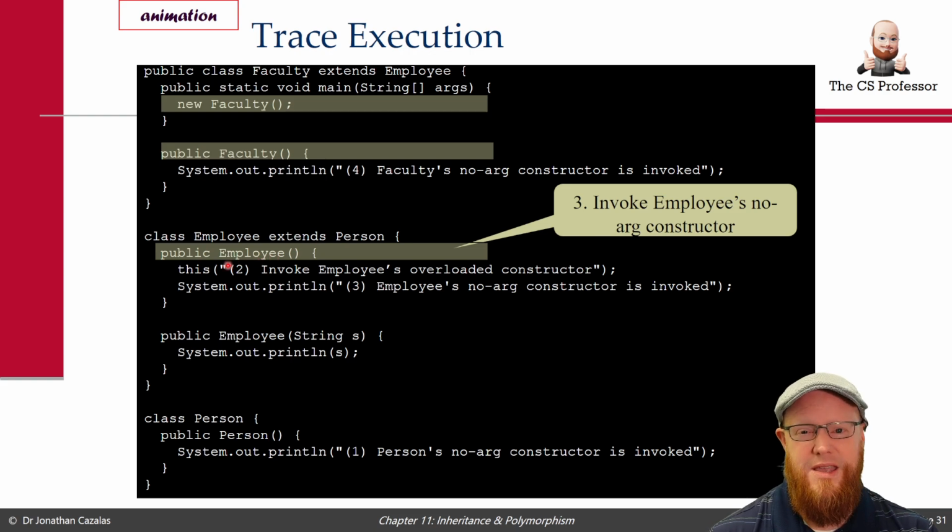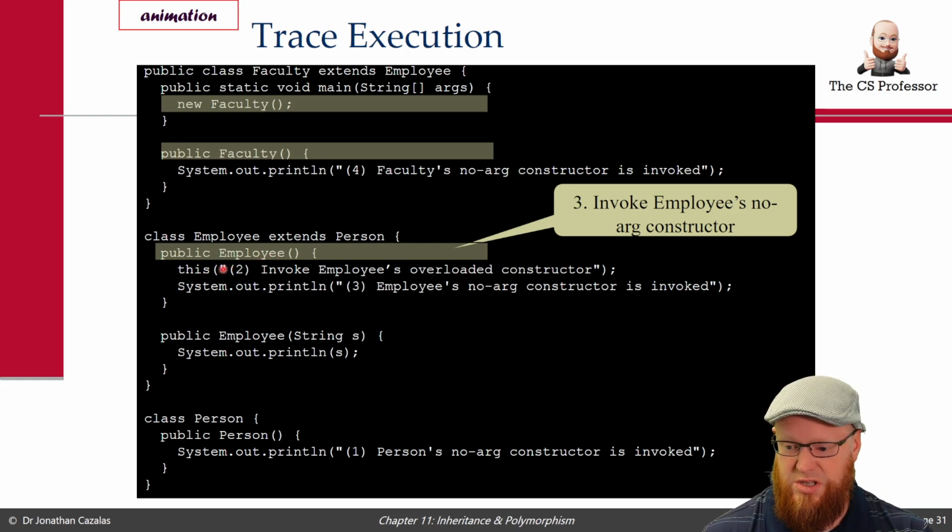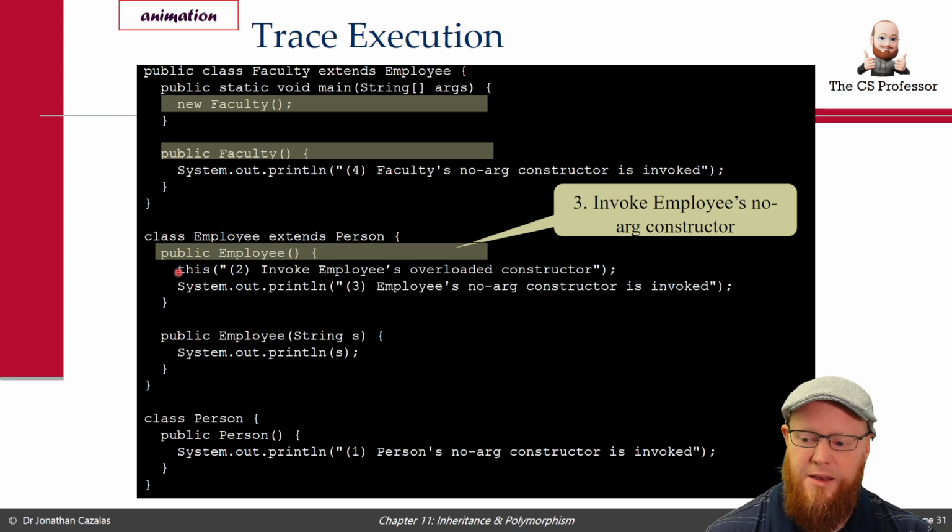Now what do we see here? Well, we have a print statement, and above that we have a this. Now what does this do in general, just as a reminder? If inside a constructor you see the keyword this followed by parentheses, that means we're calling an overloaded constructor of that same class.